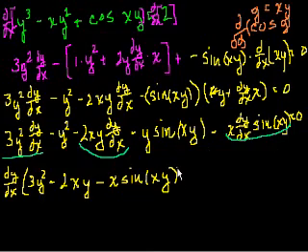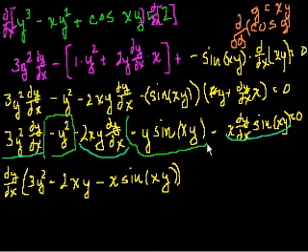Well, that's all of the ones with the dy dx on them. And then these terms, and I'm just skipping a couple of steps because this is just algebra right now. The non-dy dx terms, and I guess there's only 2 of them, I'm just going to bring them over to the other side. Hopefully that step doesn't confuse you. This is just algebraic simplification at this point.